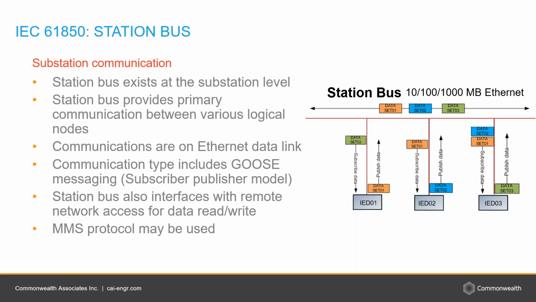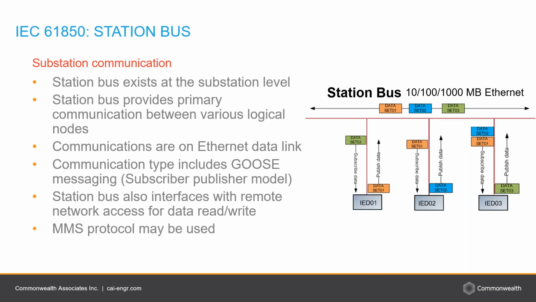As mentioned before, the various IEDs in the substation can communicate with the help of the station bus, and one of the major protocols normally used for the communication is the GOOSE protocol. GOOSE stands for Generic Object Oriented Substation Event. This protocol maps directly onto the Ethernet data frame. And GOOSE is a subscriber publisher model type of communication.